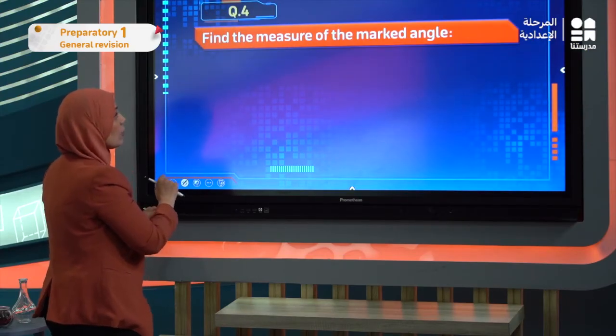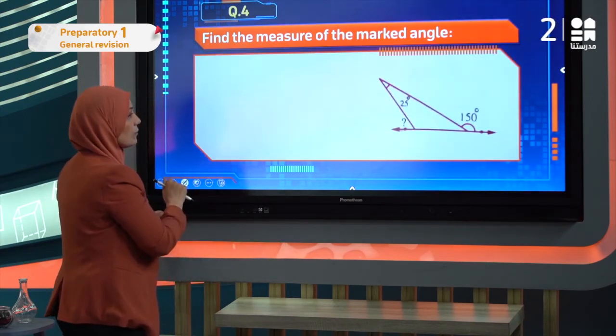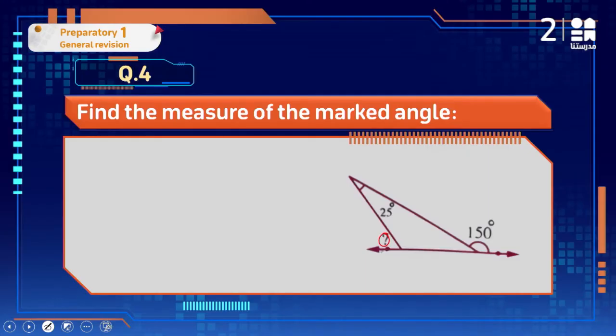Question 4. Find the measure of the marked angle. This one. How can we find it? If this one is 150, so this angle is 30. How do you know? Because both of them make a straight angle, or supplementary angles, which is 180.